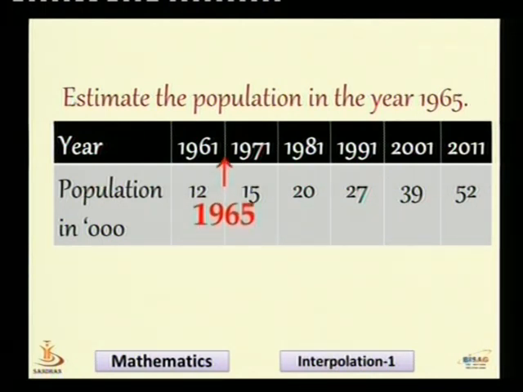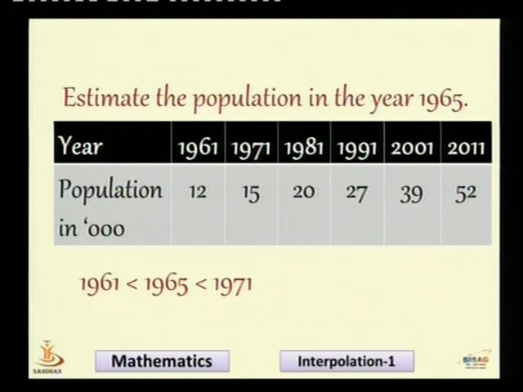That is, 1965 is located in the upper half of the table, and hence we shall use Newton's forward difference interpolation method. So 1965 lies between 1961 and 1971. That is, 1965 lies between x1 and x2.